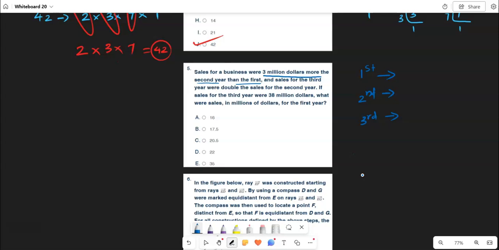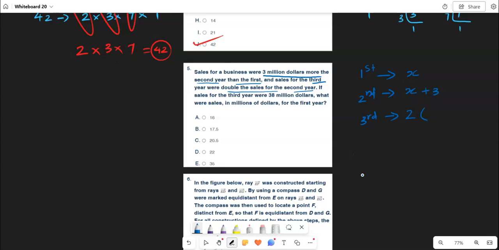We don't know anything about the first, so assume the sales in the first year were X. Then the second year will be X plus 3 million, the first year plus 3 million. And the third year was double the sales of the second year.